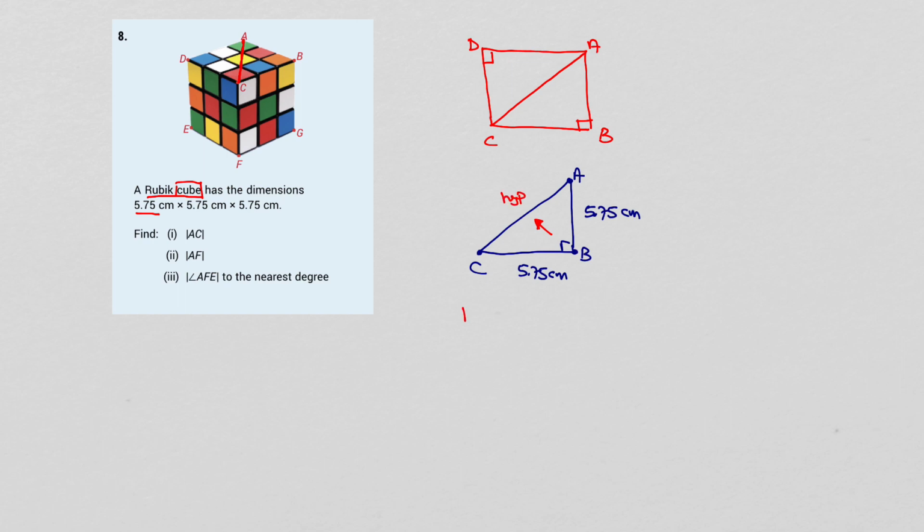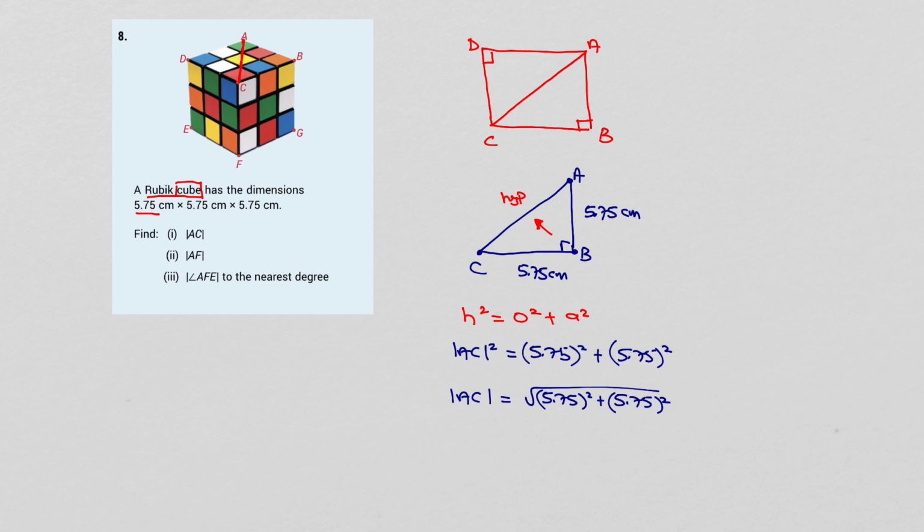So of course, right angle triangle, so Pythagoras. I'm looking for the hypotenuse, so that's AC squared must equal 5.75 squared plus 5.75 squared. And then to get AC, I'm going to get the square root of all of that.